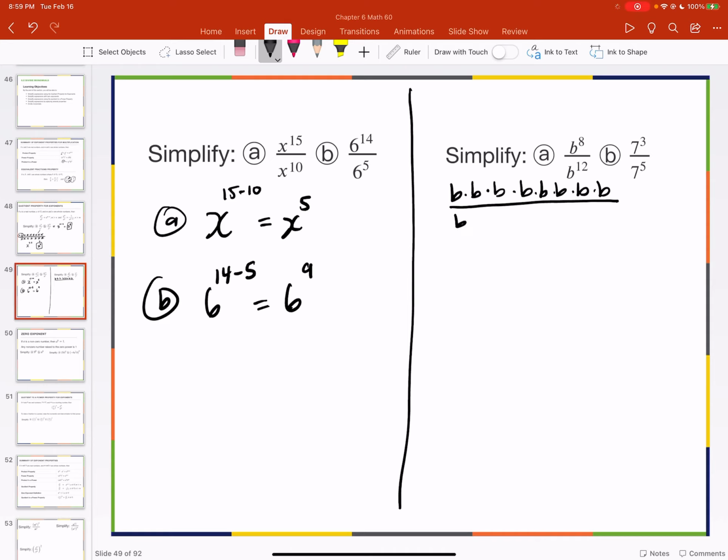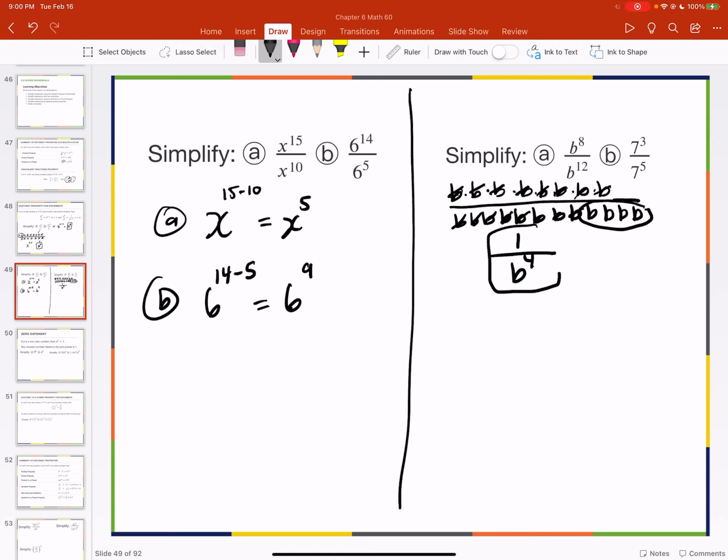And on the denominator, you have 12. If you find the difference, 12 minus 8, that would be 4, right? So notice, where is your solution? If I cancel these out, I'm left with 4 b's in the denominator. So it's 1 over b to the power 4.